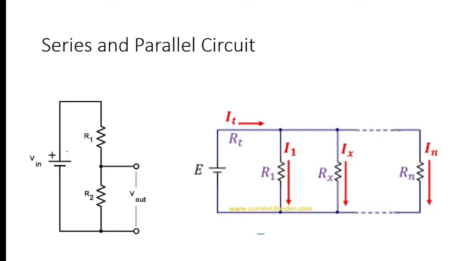So what I would like to say is that when you find that the same amount of current is flowing through each of the elements of any closed path, you will understand that they are in series combination.